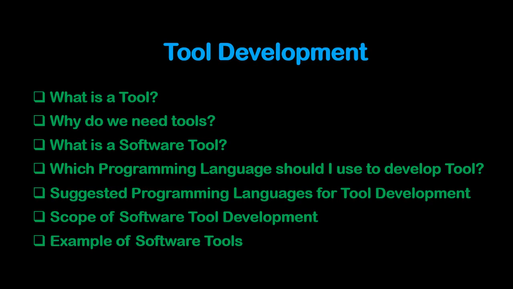Okay, having talked about this, what's a software tool? The same concept of the tool we can implement inside the computer. Having said that, a software tool is a tool developed using a programming language, and it does a specific job or task.